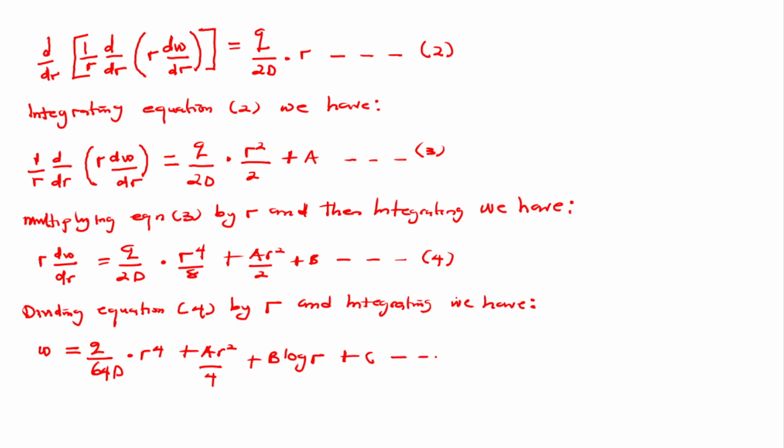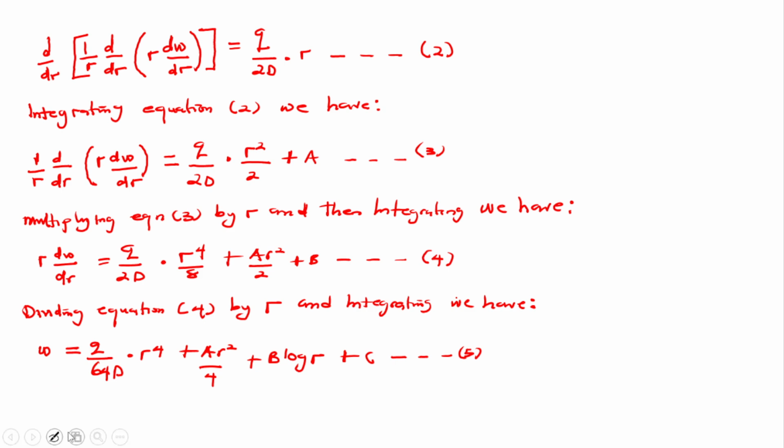We can call this equation 5. So we are here. But this doesn't make any sense to us now because we do not know the value of A, we do not know the value of B, we do not know the value of C.